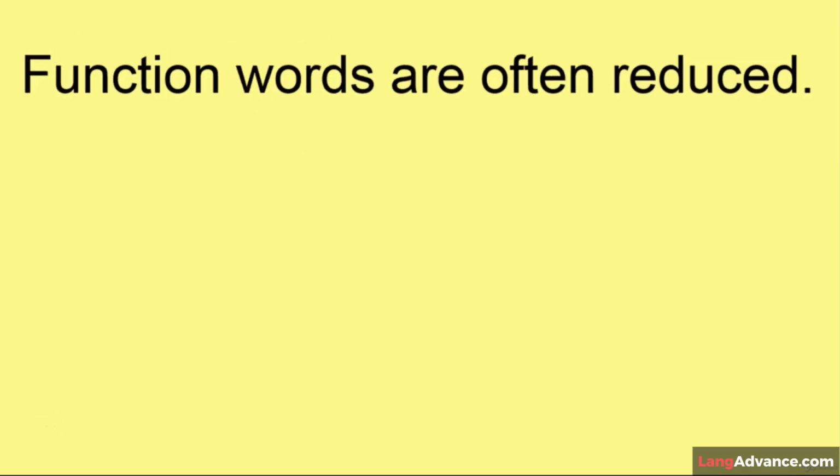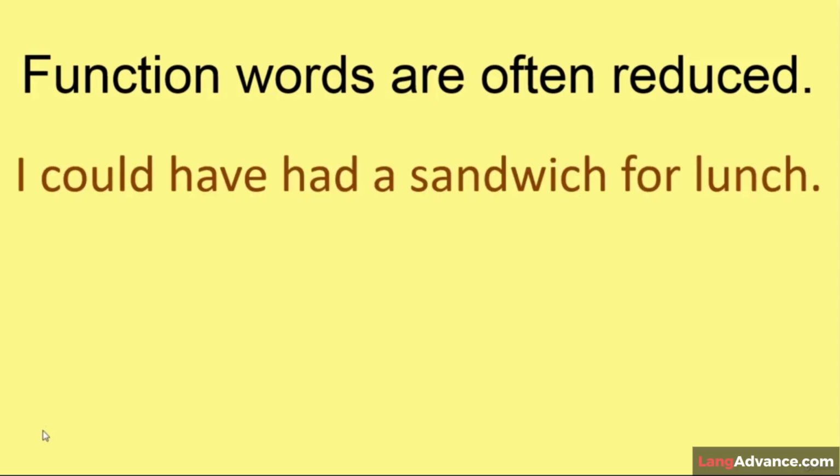Earlier, I showed you how function words can be stressed according to the meaning that we want to say in our sentence. However, most of the time function words are reduced. So let's look at how function words can be reduced when we're speaking. For example, I could have had a sandwich for lunch.